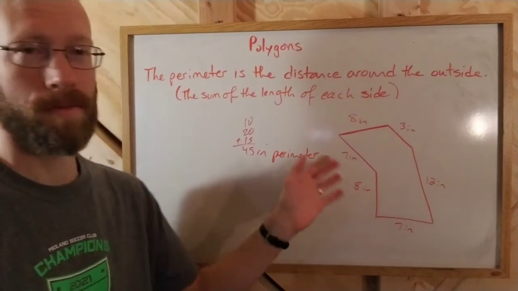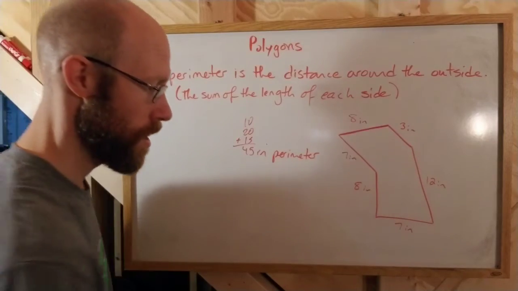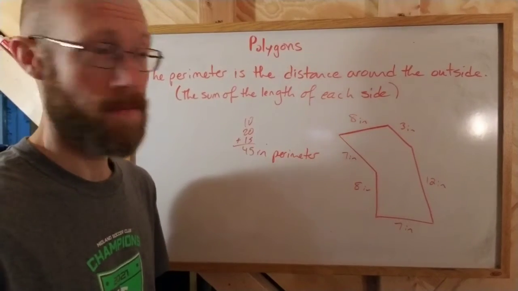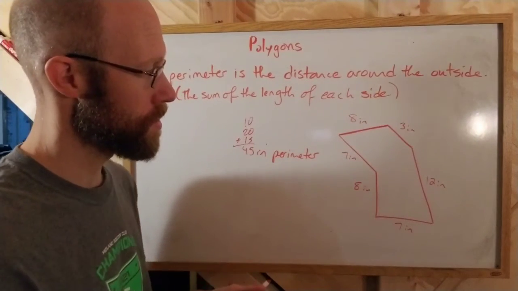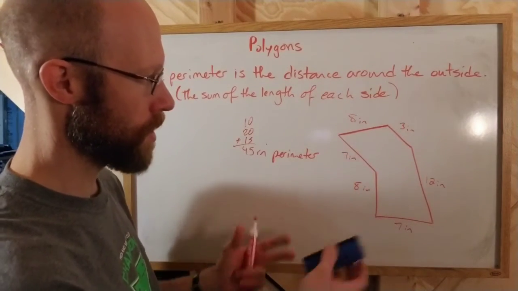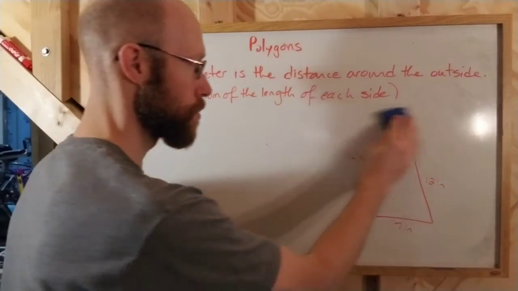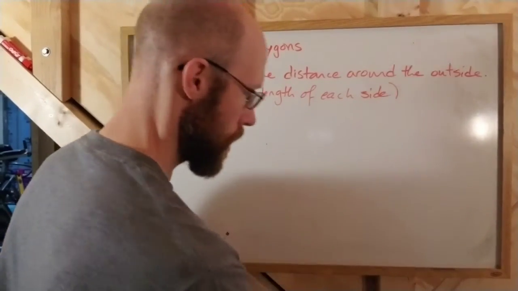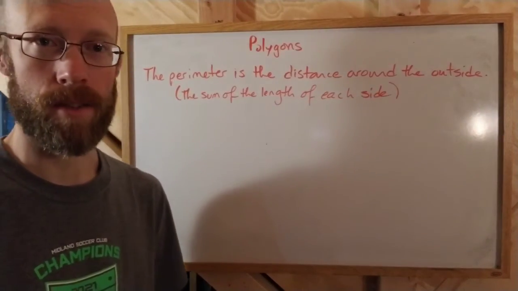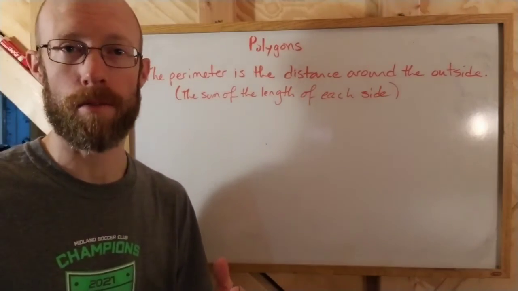Now, that seems great if you have all of the side lengths. But the question is, what happens if you don't? And on a figure like this, we can't just calculate missing side lengths because there's not really a lot of rhyme or reason to it. But our regular polygons, we can. And triangles, we can. There's certain polygons that we can work with if we only know limited information.